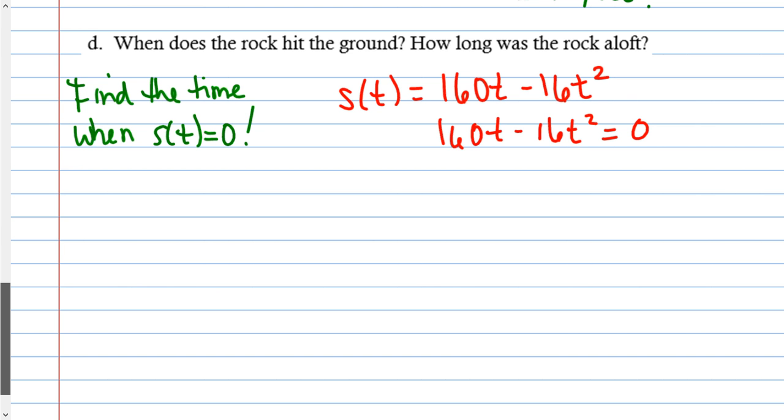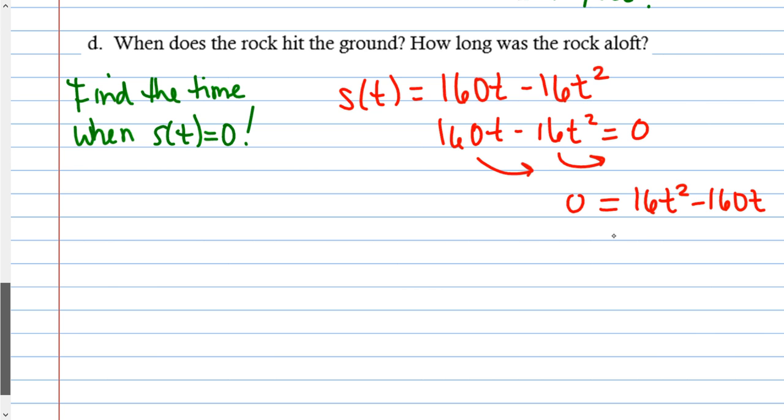You can factor this. There's a greatest common factor of 16 and t. But again, remember the negatives, they're kind of in my way. So I'm going to move these to the other side and the 0 to the left. So 0 equals positive 16t squared minus 160t.